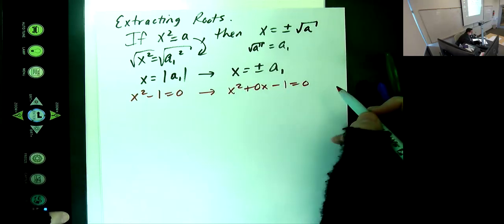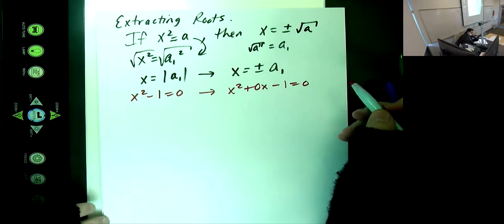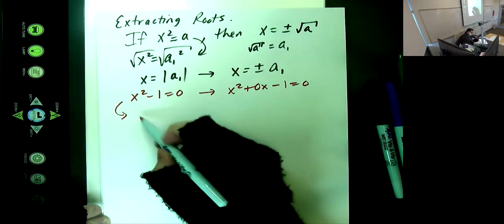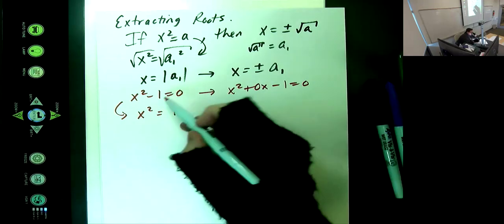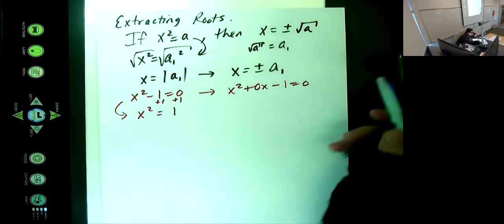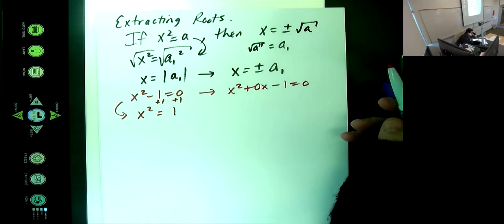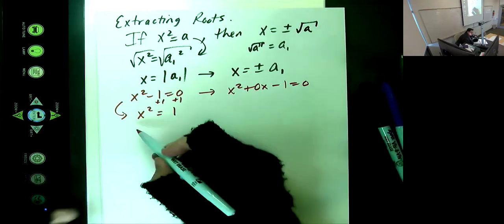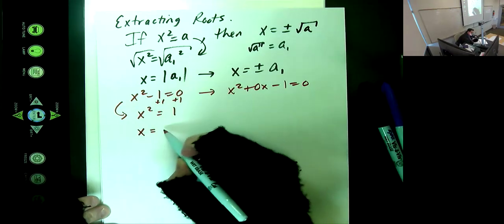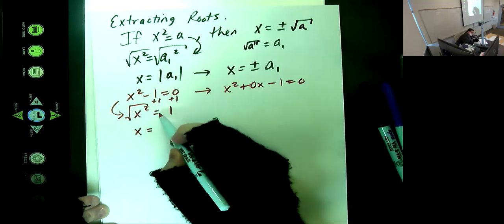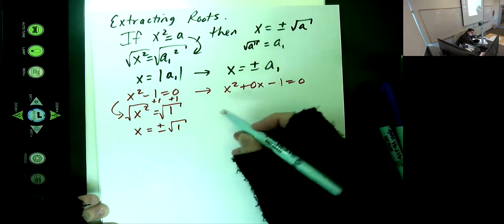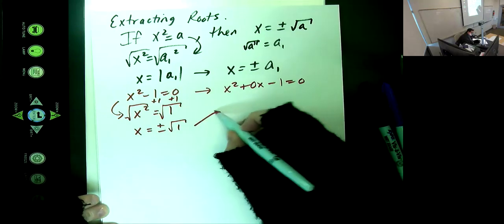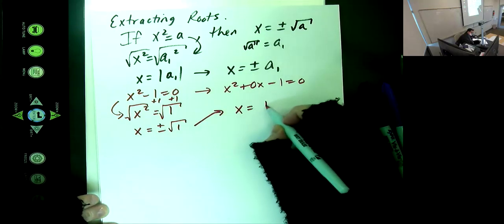So you could do what you know of factoring here as well. But we're going to do the extracting method. We'll add 1 to both sides. And then when we take the square root, we get plus or minus the square root of 1, which don't ever leave it like that. I will make fun of you. It's just 1.